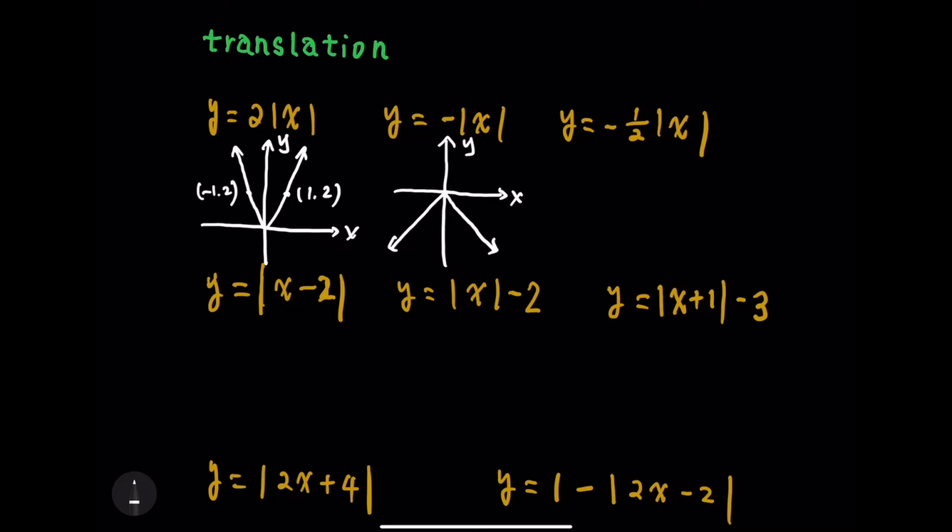And next one, we have a negative and we have a half, so we have two translations. One translation is every single y is multiplied by half, and another translation is every single y multiplied by a negative, so negative half.